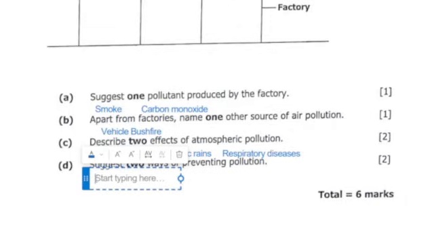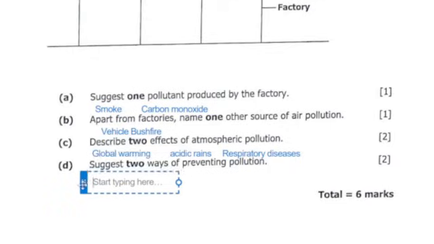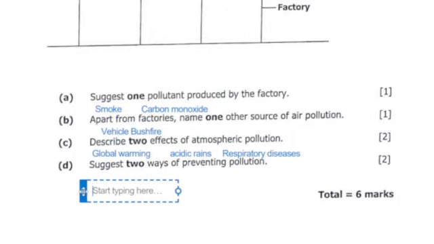Unless they said state two ways to eradicate the pollution stated or described above, then you could stick to air pollution. If they said state two ways of preventing air pollution, they are being specific, then you stick only to those ways you can prevent air pollution.